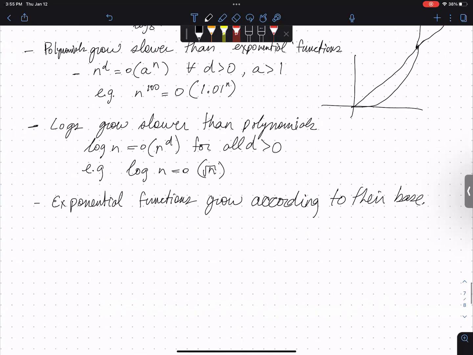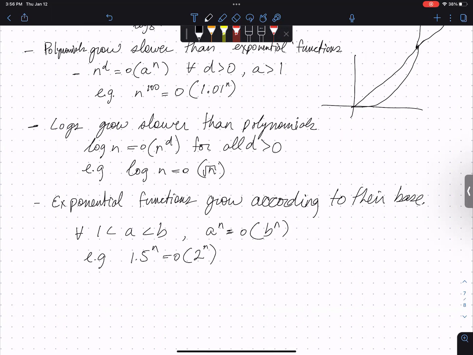So what I mean is, for all a less than b, we have that a to the n is little o of b to the n. For example, 1.5 to the n is little o of 2 to the n.